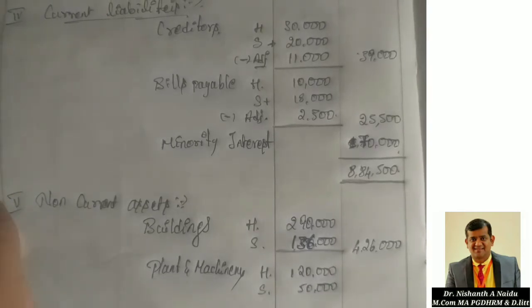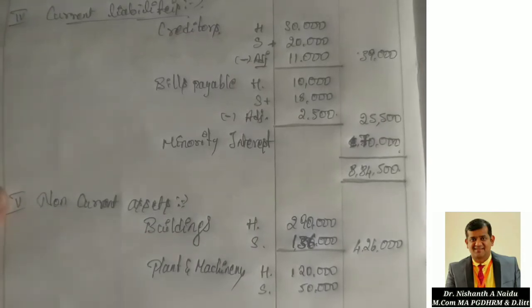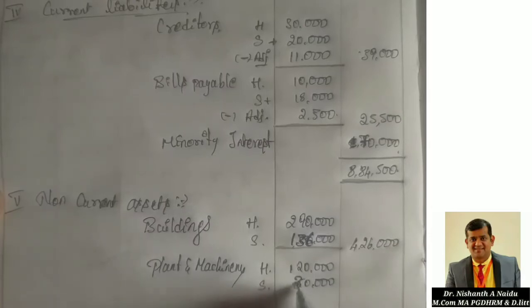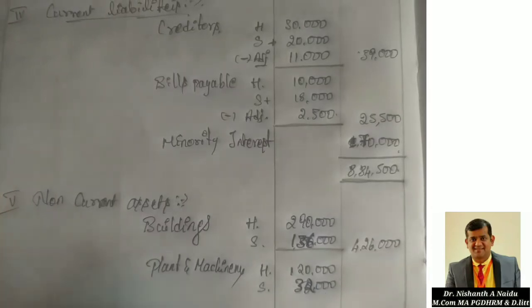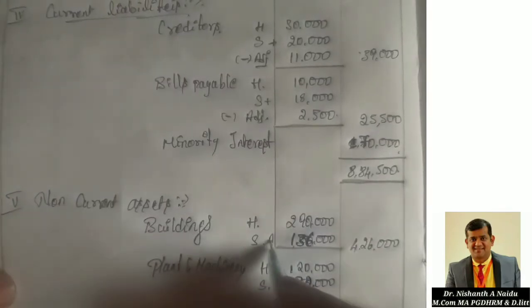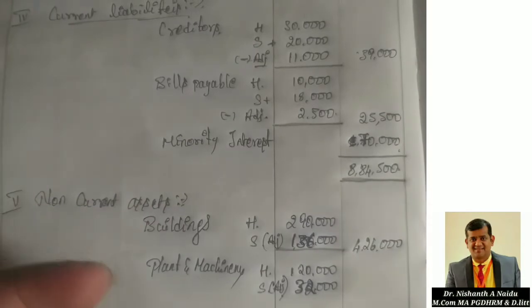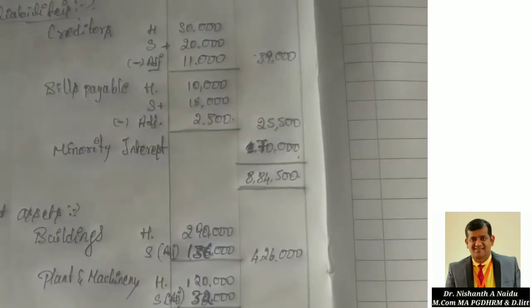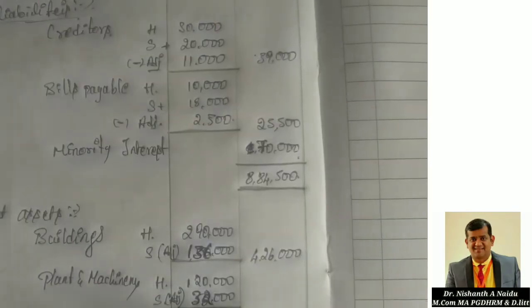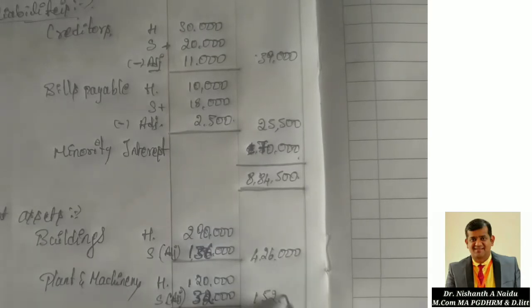Here we should not take 50,000. There is a depreciated value which has been given in the adjustment, so this value is also from adjustment. So total plant and machinery value is 1,52,000 rupees.